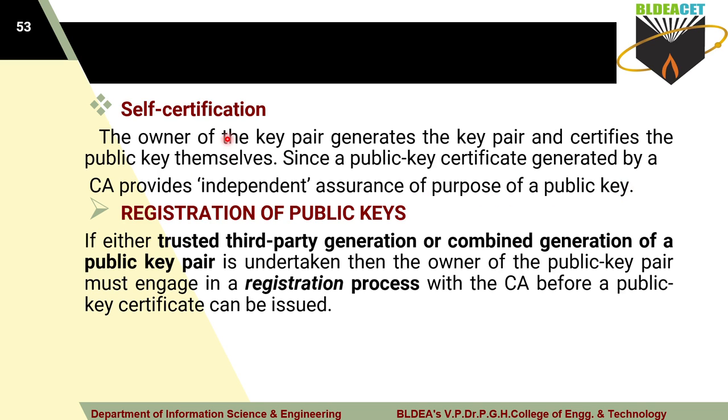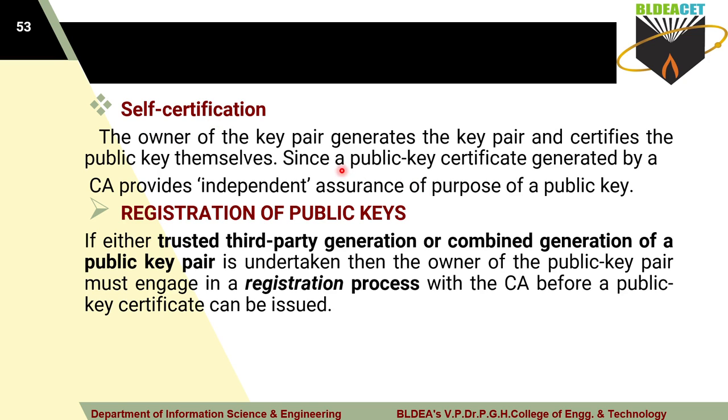In the first approach, you get the public and private key from a trusted third party. In combined generation, you create the public key and private key, but the certificate is generated by the CA. In self-certification, you generate the key and you certify the public key by yourself.